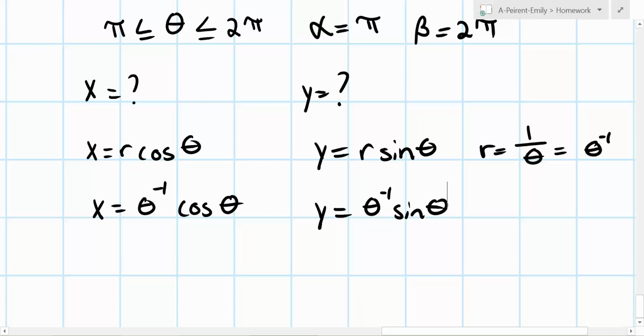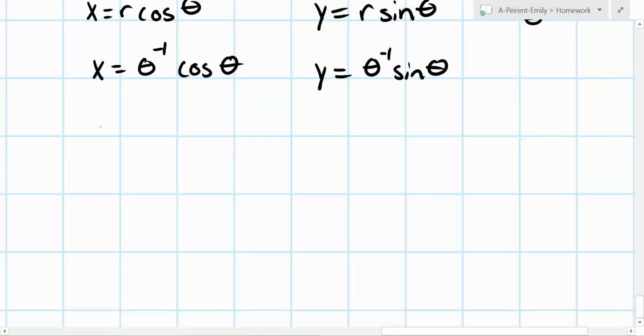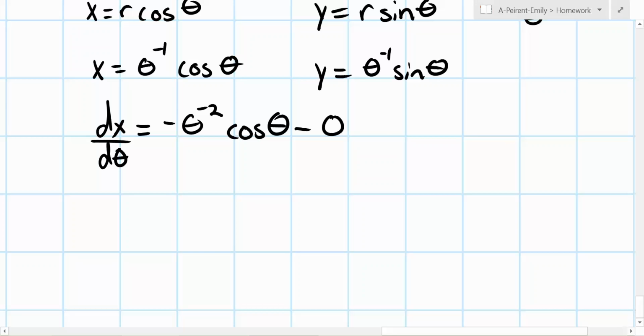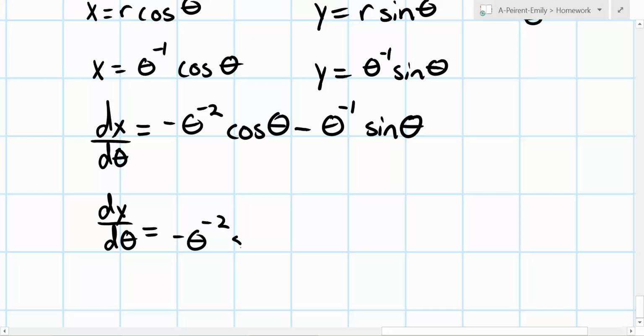Now we have to do some differentiation using the product rule. And so that gives us that dx over d theta equals negative theta to the negative 2 cosine theta minus theta to the negative 1 sine theta, and dy d theta equals negative theta to the negative 2 sine theta plus theta to the negative 1 cosine theta.